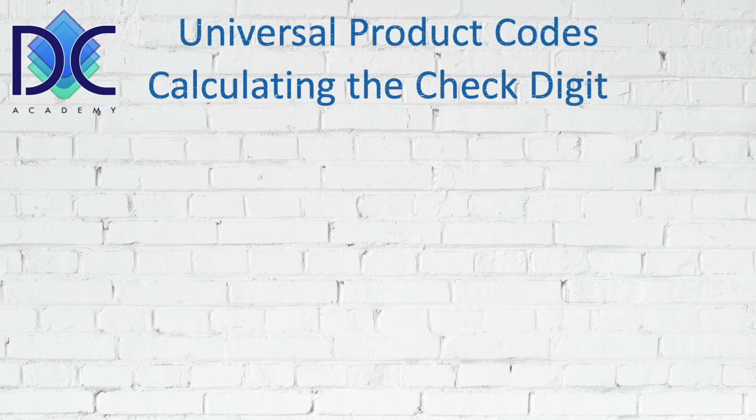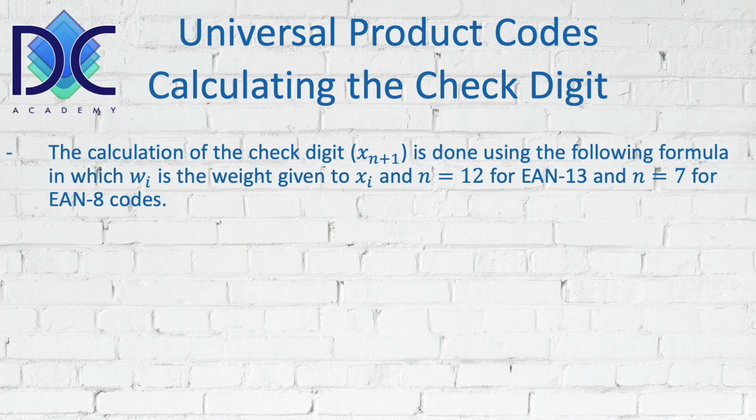So when we look at the universal product codes and how we calculate the check digit, we use a formula, and in the formula we have different elements here. So we have the check digit. The last digit is in fact 10 minus the sum of all the numbers multiplied with a specific weight, modulus 10.